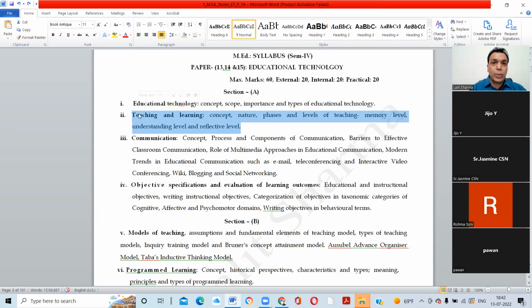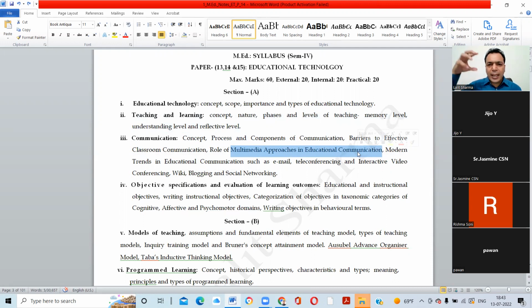And third, trust me, communication is again very easy, because general things are asked in communication. What is the communication process, and its components? The role of a multimedia approach in educational communication. You can write anything. What is the role of multimedia in educational communication? It means, what is educational technology? Whatever technologies and discoveries we have invented till today that have come to the market, when we use this technology in the process of education, this is called educational technology.